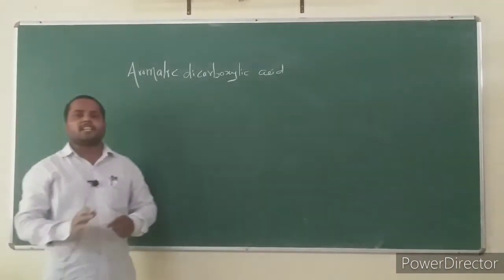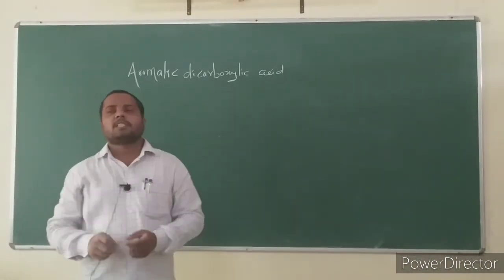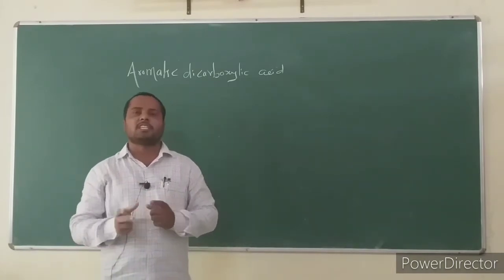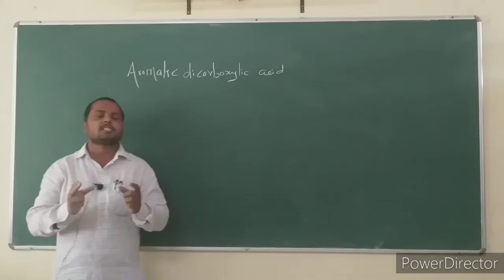Similar to aliphatic dicarboxylic acids, the acidity of aromatic dicarboxylic acids also decreases in the same order. As the distance between two carboxylic groups increases, the acidity goes on decreasing.